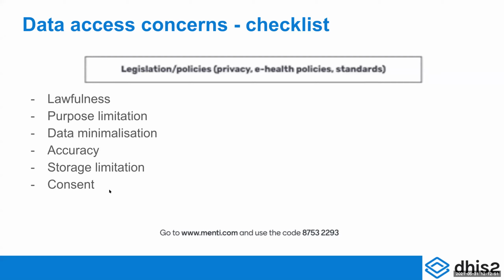So you don't need consent to store anyone's data about COVID. But in almost all other cases, you need consent. The consent should be voluntary, and it should be as easy to withdraw the consent as it was to give it.